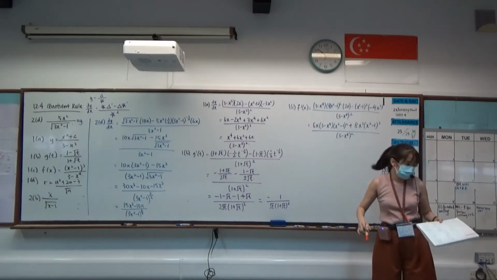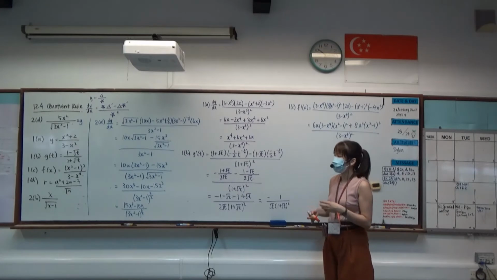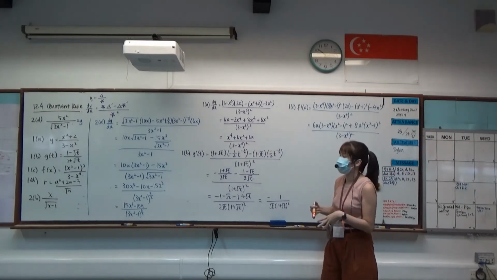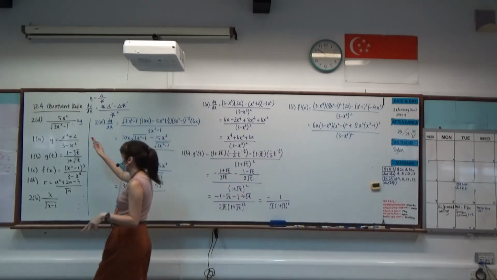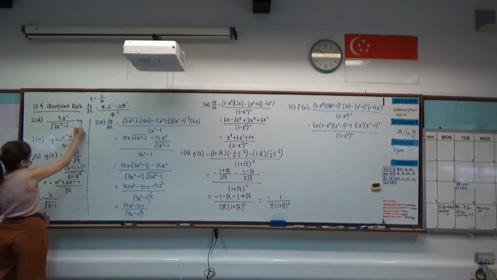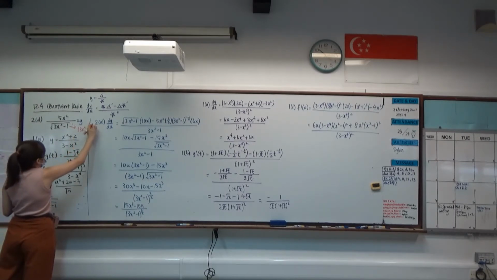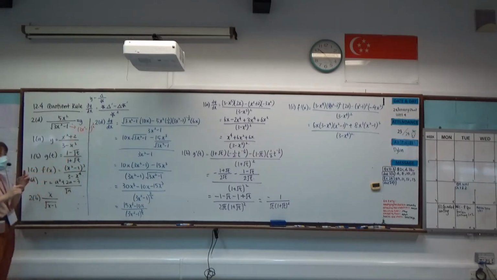Then for 1B, what I noticed when I walked around is that some of you already have it. You found the habit to see that when you have a square root, it is actually a power of half, right? So you don't bother to write it in this manner, which is power half, which is fine.